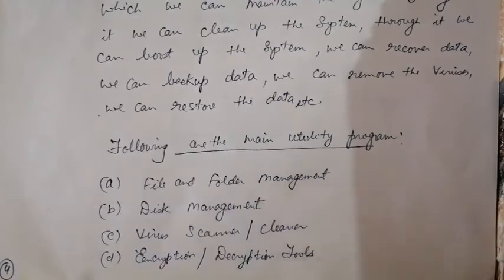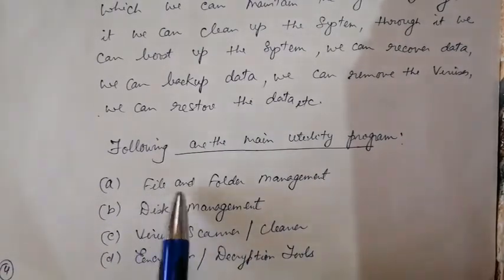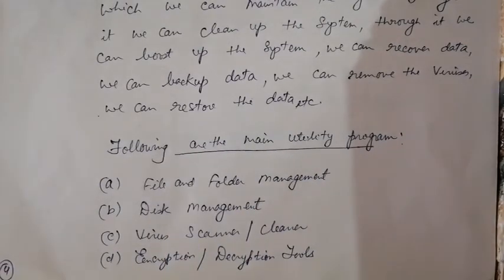Now, see, file and folder management. It is a utility software through which we can manage files and folders. We can handle the files and organize the folders. We can compare the files also.